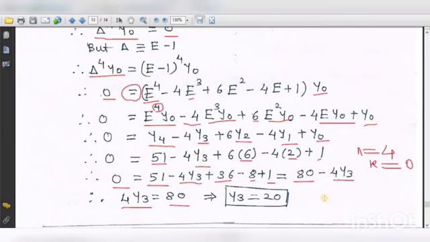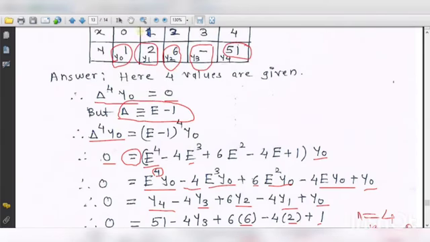So it is very easy to obtain the value of the missing term using the relation between the forward difference operator and the shift operator. Even if all the values are given and the question is to find the value of y5, then also we can find it using delta.